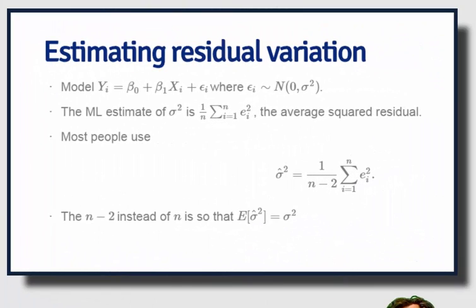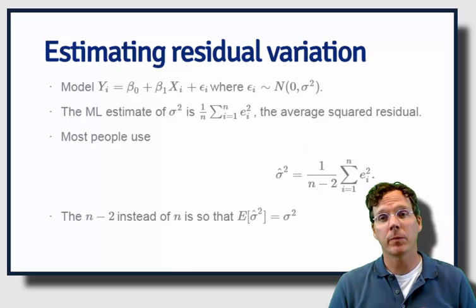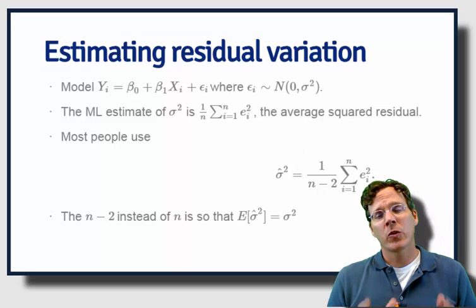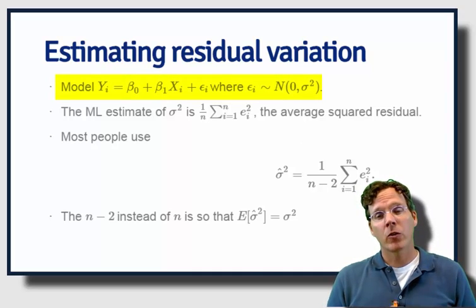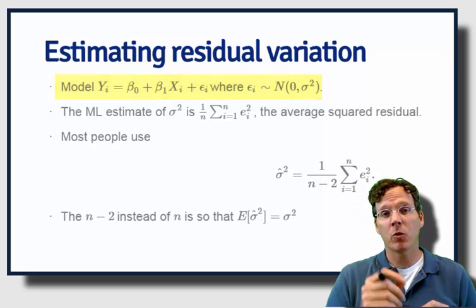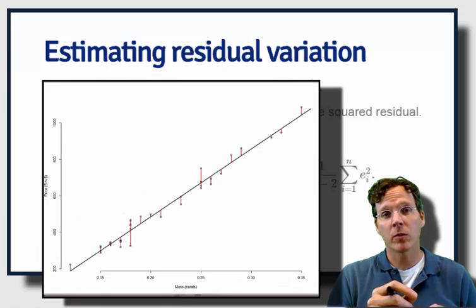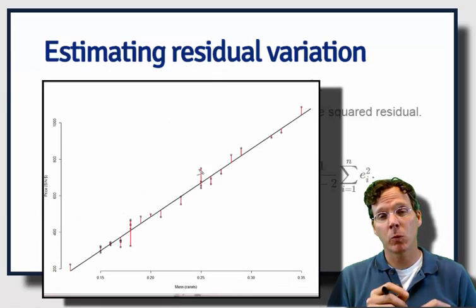Let's talk about residual variation really quickly before we finish talking about R-squared. Residual variation is the variation around the regression line. So remember, our residuals are the vertical distances between the outcomes and the fitted regression line.